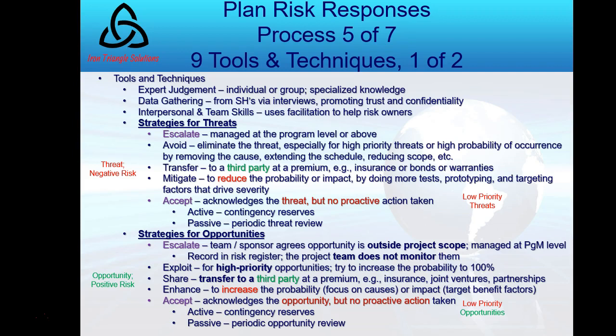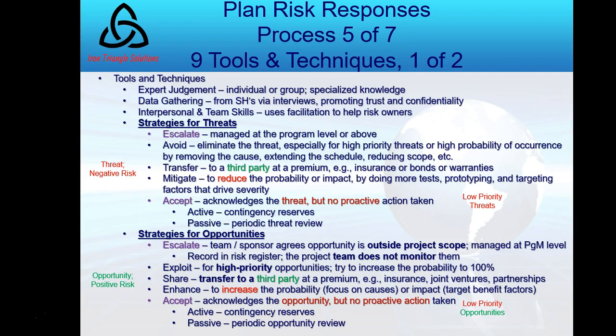Avoid is going to eliminate the threat. Okay. Exploit is its partner. For opportunity, it's going to try and increase the opportunity. To transfer is to shift the threat to a third party. For example, in car insurance, we do that. To share is its partner in an opportunity.